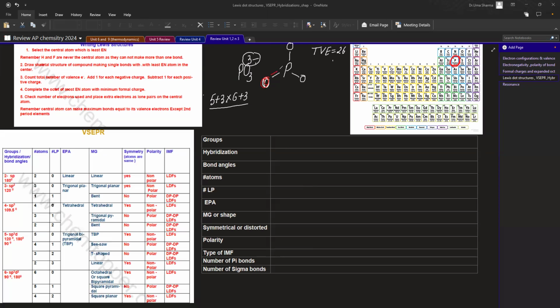So make a double bond here. And can I make one more double bond? Can I make another double bond, Dhruv? Can I make one more here? No. So here I have to place 3 lone pairs.